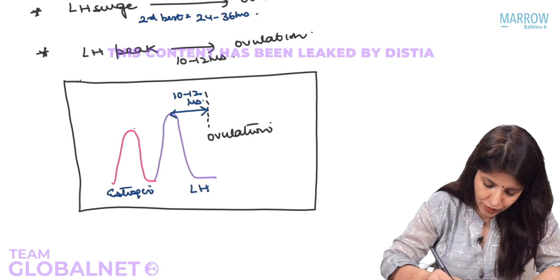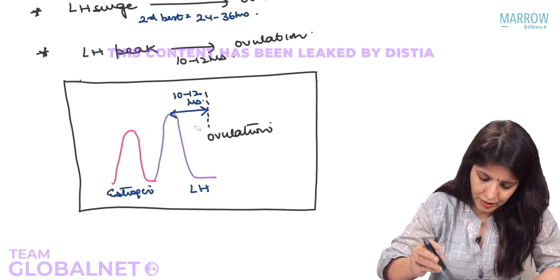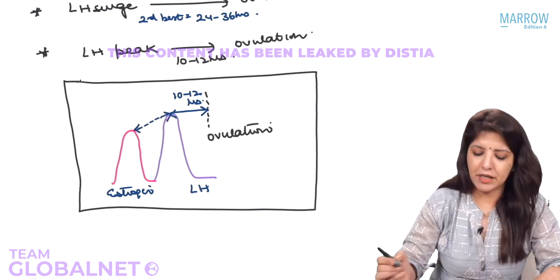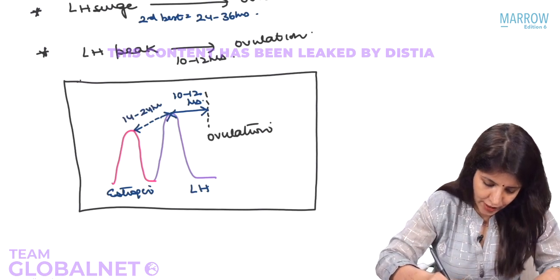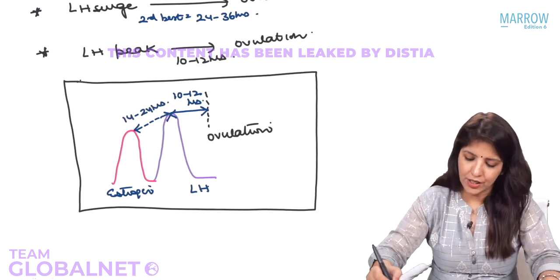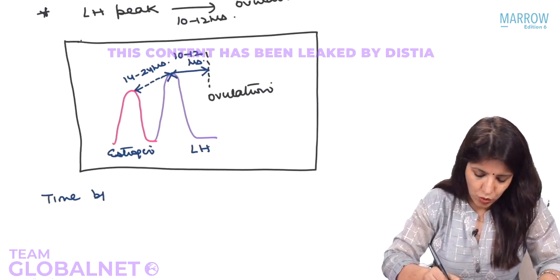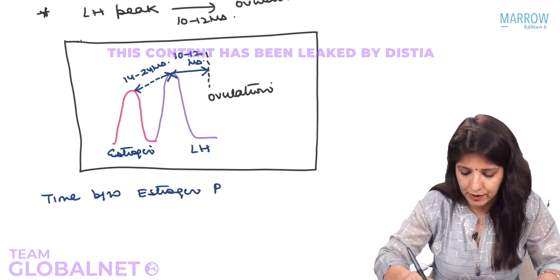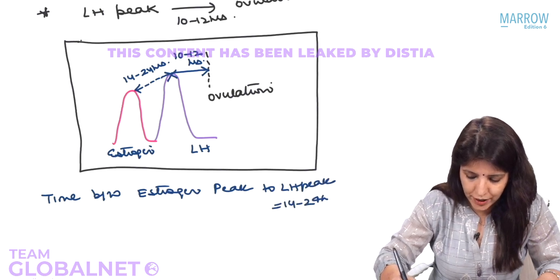Now the time interval between estrogen peak and LH peak, right? This is 14 to 24 hours, right? So write down time between estrogen peak to LH peak is 14 to 24 hours.